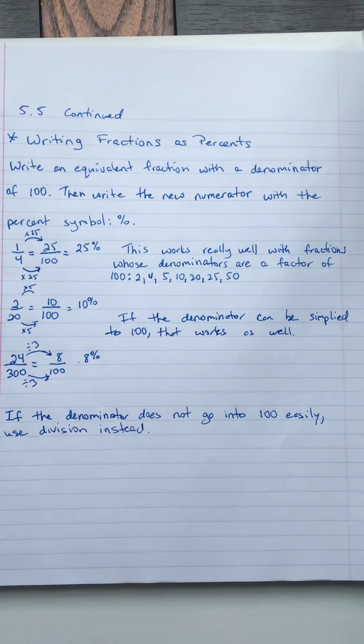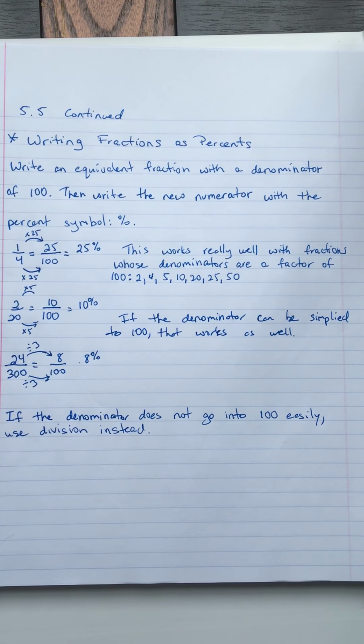For all intents and purposes, I have no problem with you using a calculator to do this, but you should also be able to do it without a calculator in case that's what's asked of you in the future.